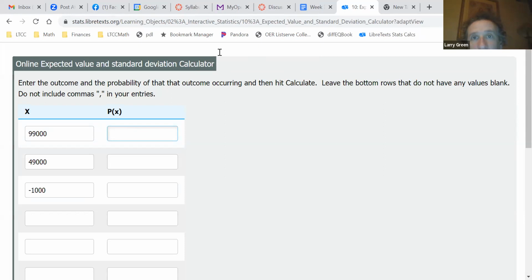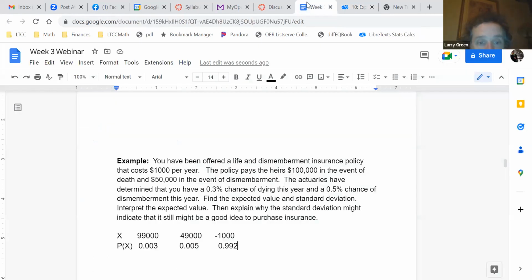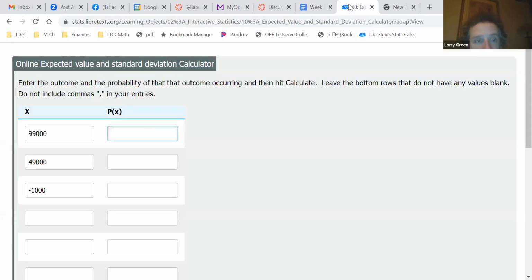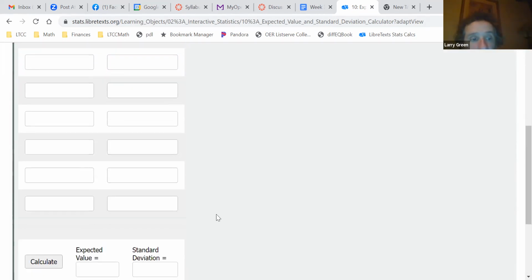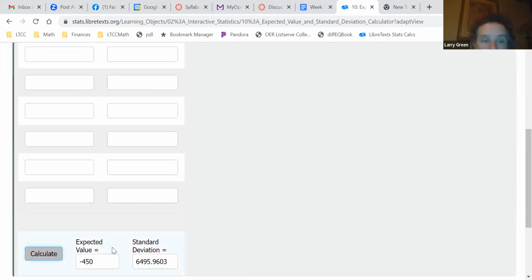And the probabilities were 0.003, 0.005, and 0.992. Any questions so far? Scroll down, hit calculate, and there's my expected value, and there's my standard deviation.